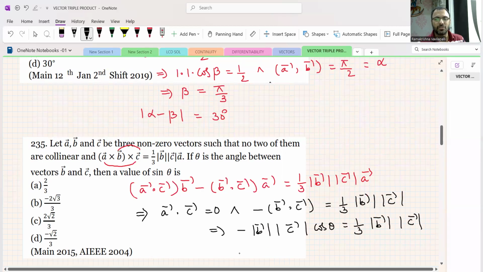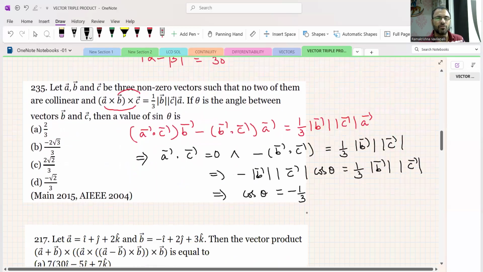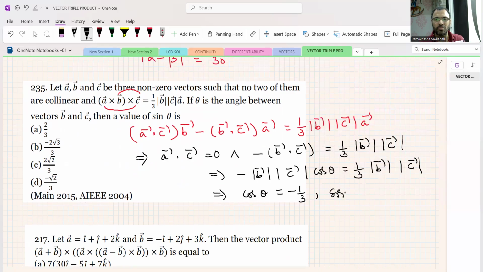You can cancel mod B bar, mod C bar, so that you will get cos theta equal to minus 1 by 3. Theta is an obtuse angle, and they are asking to find sine theta. Sine theta is equal to root over 1 minus cos square theta, so root over 1 minus 1 by 9, that's equal to 2 root 2 by 3.